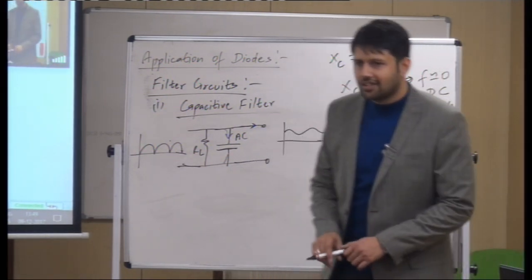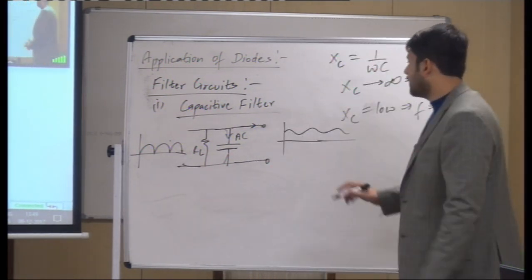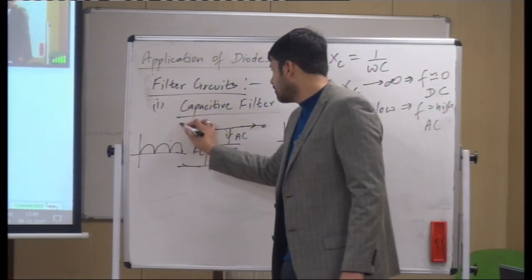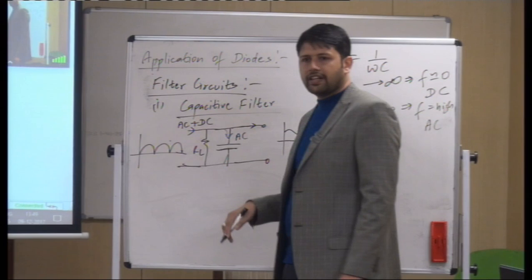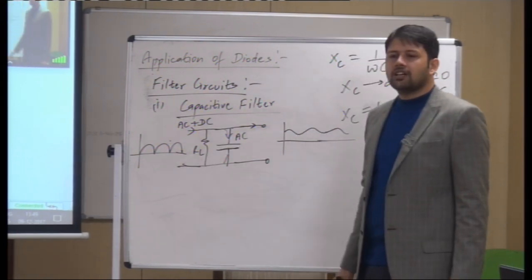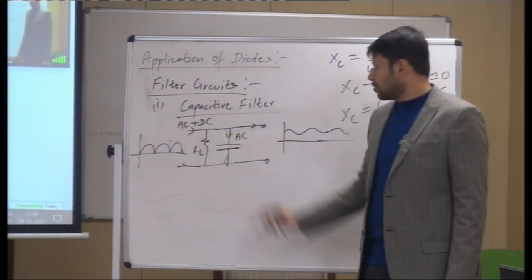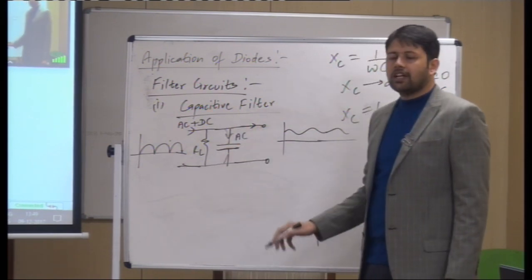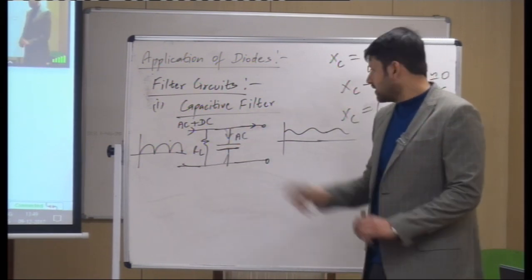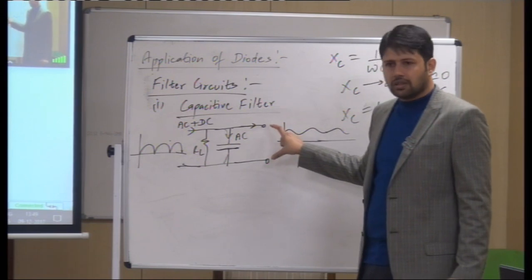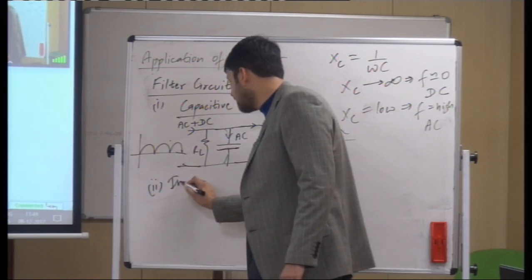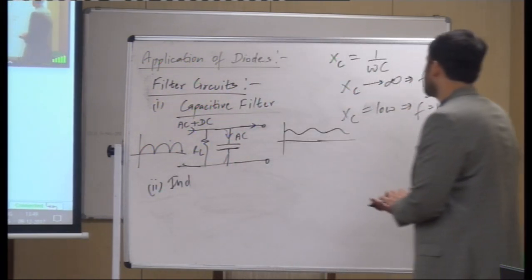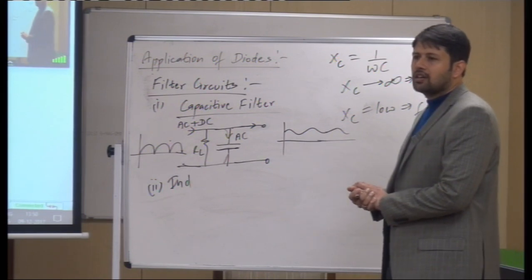नहीं समझ आया? Here you feed AC plus DC, right? For AC, capacitor is a low reactance path, so AC can go via this while DC is blocked. So DC would appear on the terminals, AC would not, right? You need, for this purpose, what?